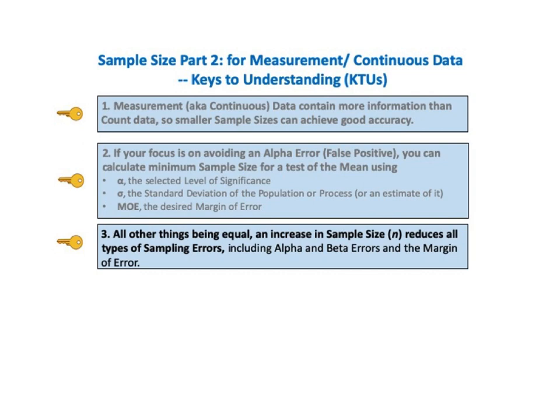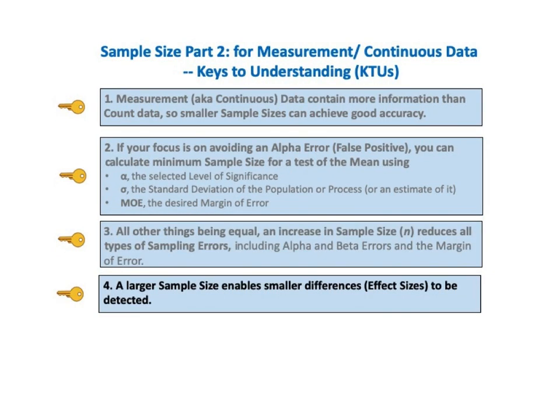Key number 3 says, all other things being equal, an increase in sample size, n, reduces all types of sampling errors, including alpha and beta errors and the margin of error. Key to understanding number 4 says, a larger sample size enables smaller differences, that is, smaller effect sizes, to be detected.